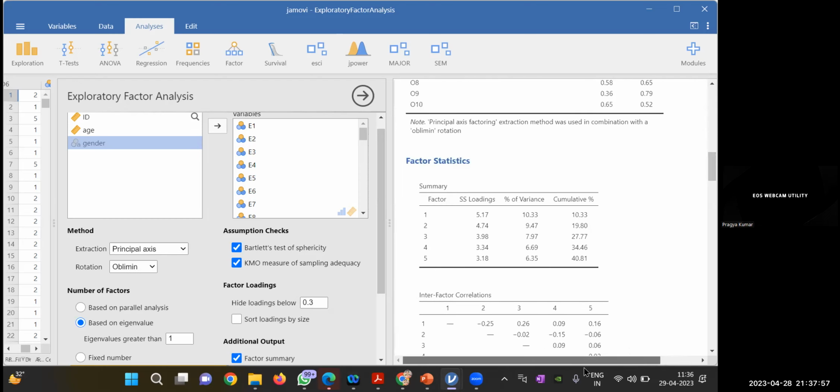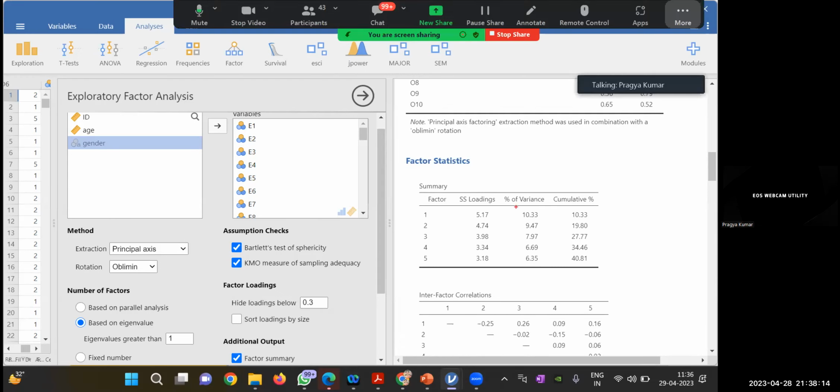Coming to another table, the factor statistics. It has extracted 5 factors. SS loading is the sum of square loading, and this is the percentage of variance.